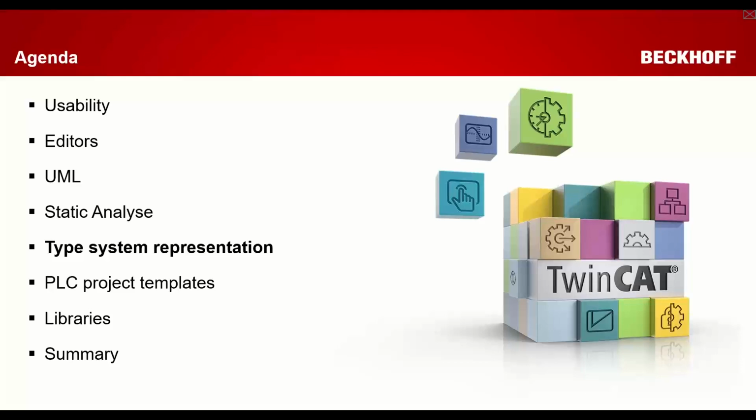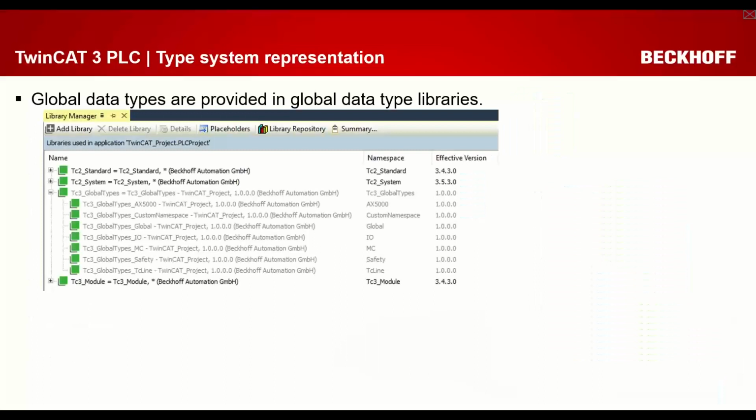And we have a new topic of build 4026 because we have changed the type system representation. As you probably all know, the global data types are handled by the system manager. Here you can see that we are now adding automatically global data type libraries to the PLC project.